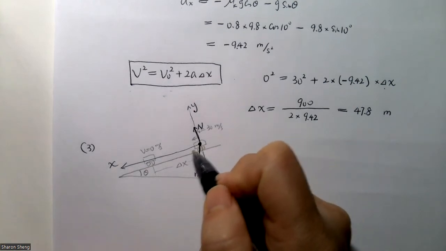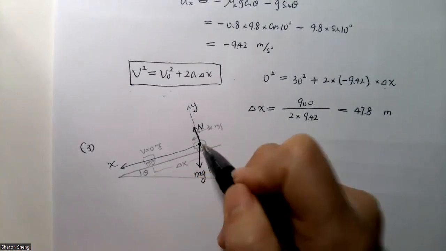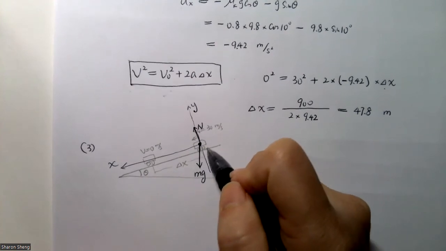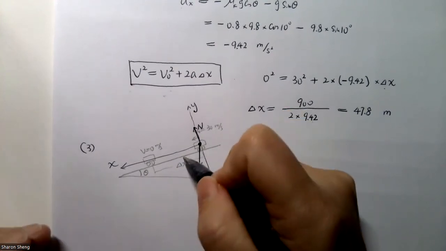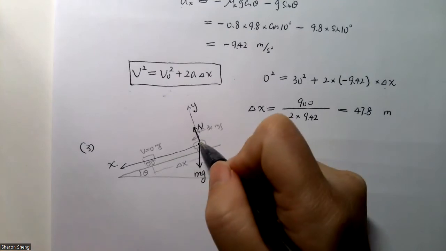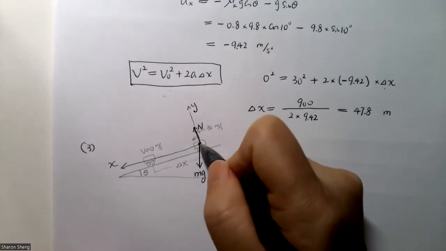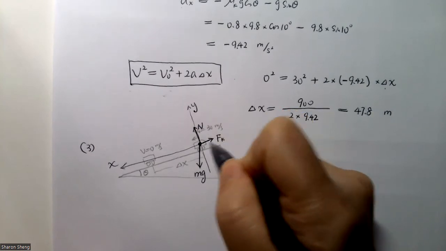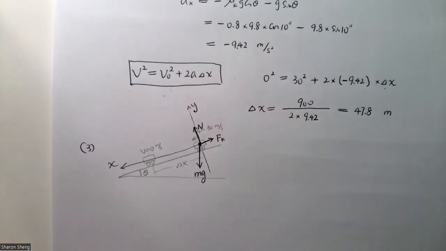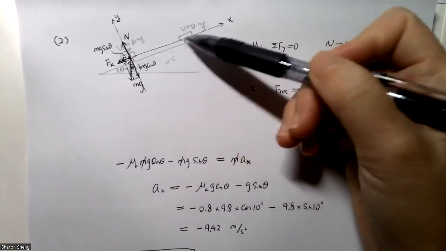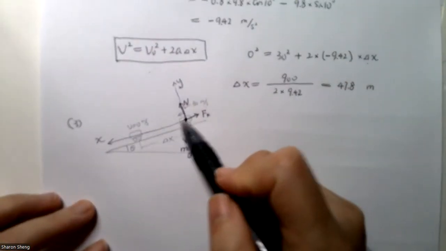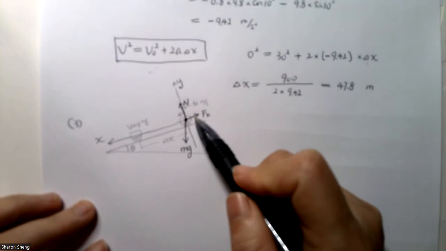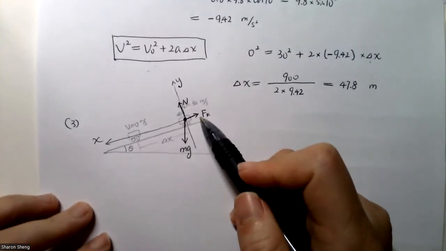Because the car is moving downward along the slope, between the tire and the road, the force is going to be opposite to the motion. The motion is downward, so the friction force is opposite to it. Fk is actually pointing in this direction. So look at the difference: when it moves up, friction force is pointing down. Here, because it moves downward, friction force is actually pointing upward.